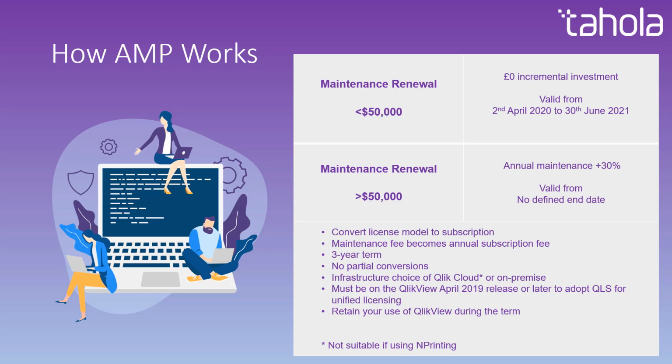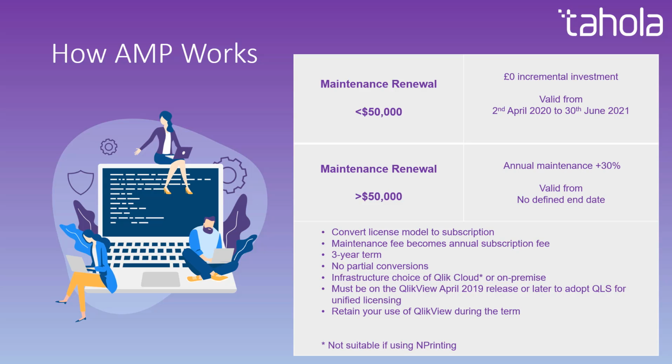Well, it's quite simple. It's based on what you pay per annum for your maintenance or your support for your QlikView licensing. If you pay less than $50,000, then you can add Qlik Sense into your license estate at absolutely no incremental annual investment to your maintenance fee.